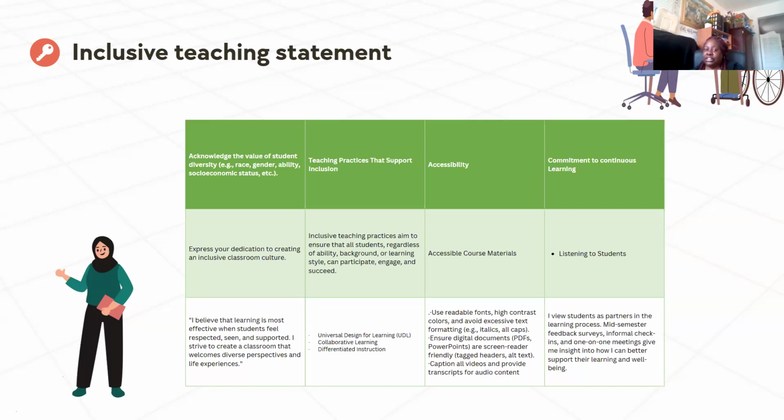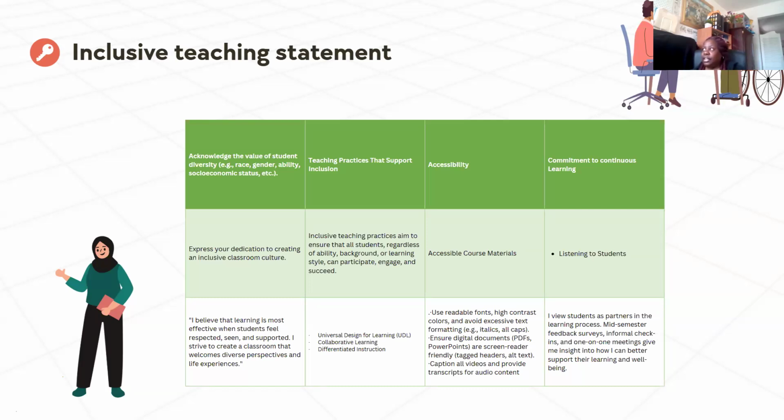You ensure digital documents, PDFs, and PowerPoints are screen friendly. They're screen reader friendly, they're tagged, they have headers, they have alt text, and you caption all videos and provide transcripts for audio content. So we use all of that.